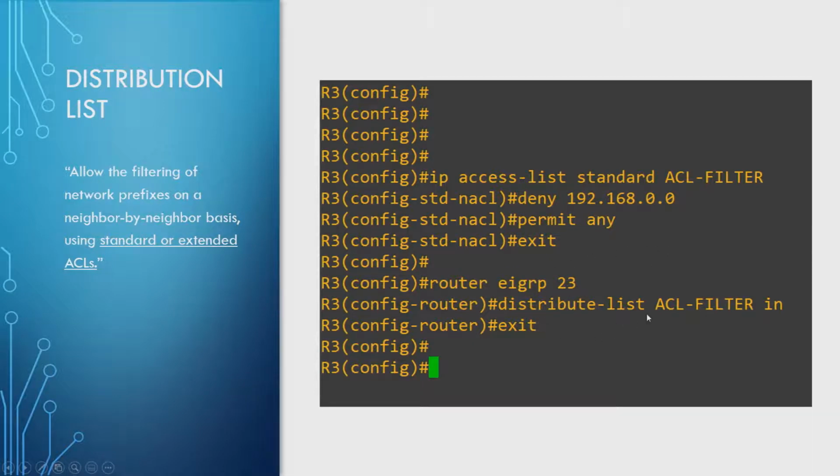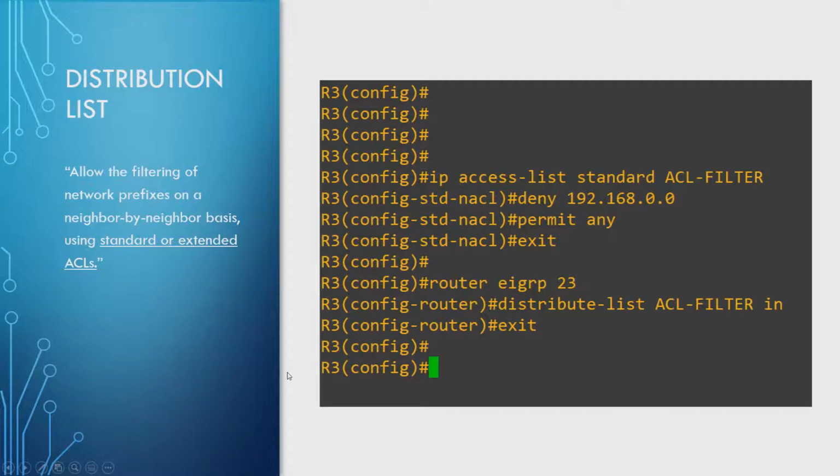If we look at the distribute-list command in EIGRP, it's distributing based on ACL_FILTER, and into EIGRP. So coming into EIGRP, it's going to deny any routes or route advertisements for 192.168.0.0, but then it's going to allow everything else. That's the basics of it here.